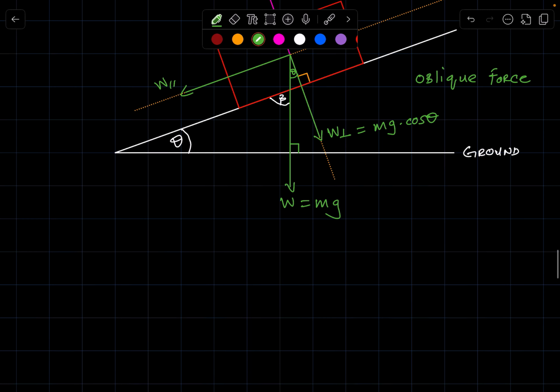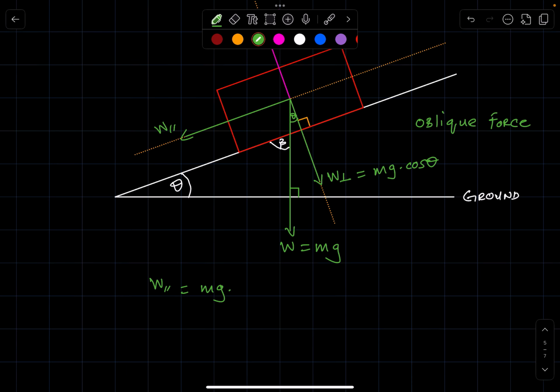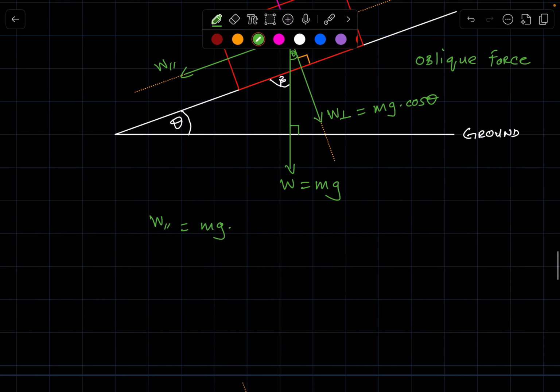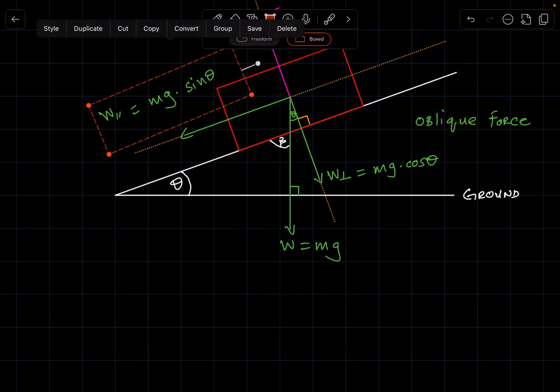And then this component is opposite the angle, so for that one you use sine. So the weight component parallel to the plane, the force is the weight, so mg, and then because the component is opposite the angle, we use sine theta. And this is what you get.